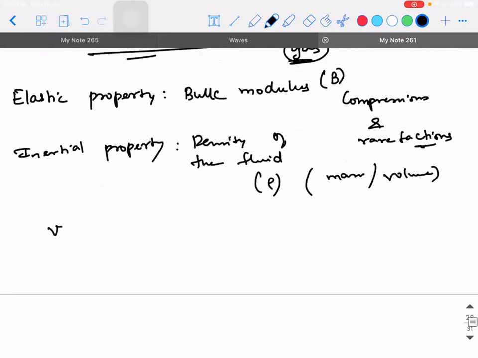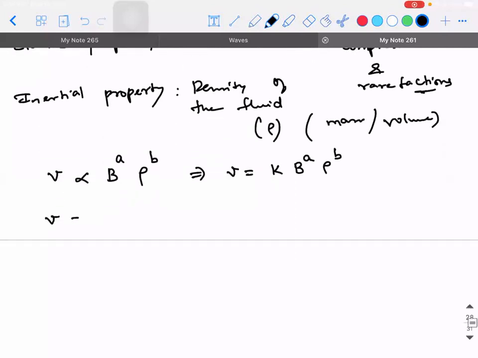Then speed, again dimensional analysis. Speed is directly proportional to B power a into rho power b, which implies speed is equal to K times B power a into rho power b. Accepted? So dimensional formula of speed is equal to K into dimensional formula of B power a into dimensional formula of rho power b.